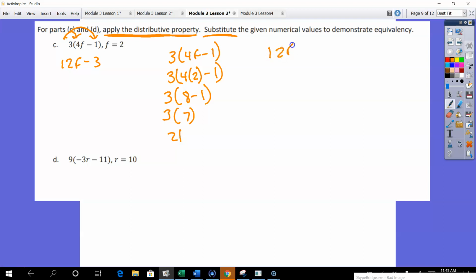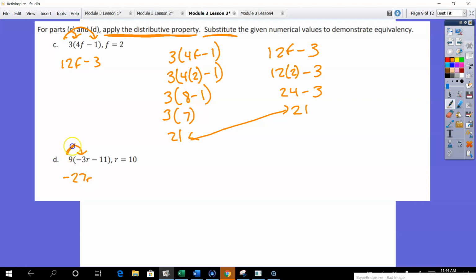So then 12f minus 3. So 12 times f, we said, is 2 minus 3. 12 times 2 is 24 minus 3. 24 minus 3 is 21. So it does work.